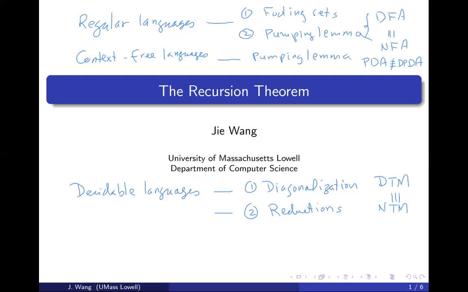So in a nutshell, that's what we have learned up to now. Today we are going to look at some techniques of showing languages are not decidable. The first thing we're going to look at is the recursion theorem.